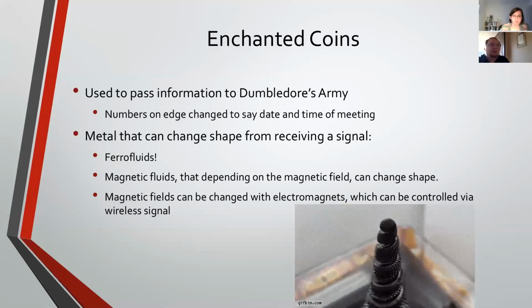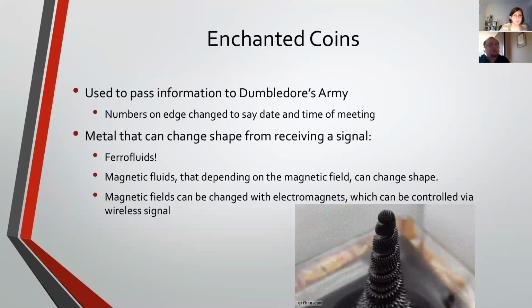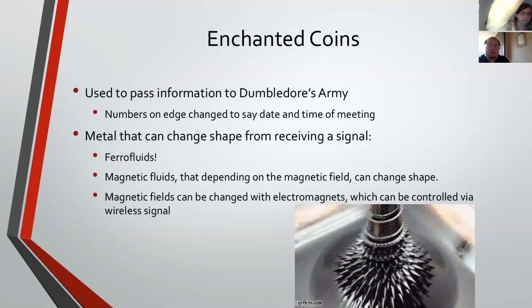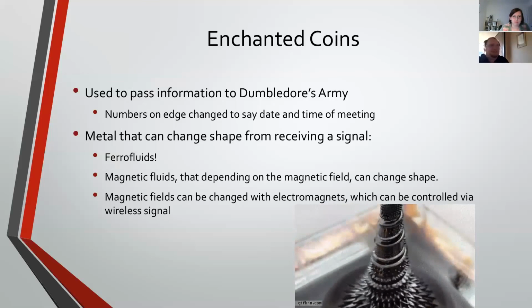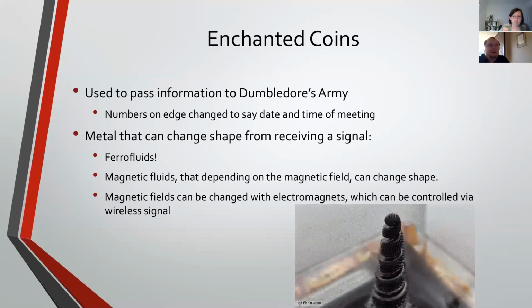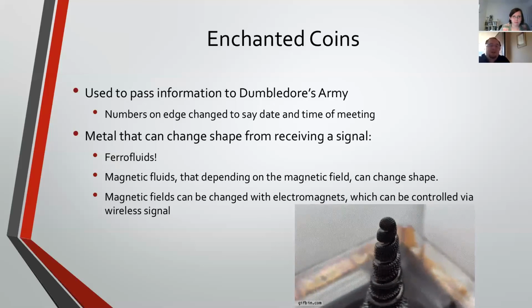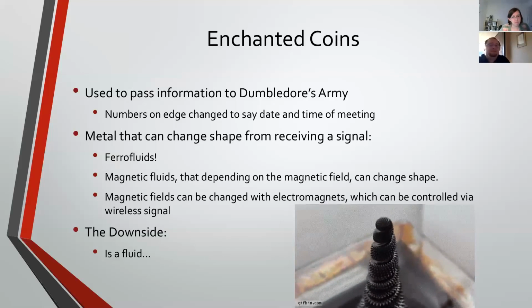So you can make the metal say whatever you want with ferrofluids. The problem is it's a fluid, so if you put the coin in your pocket, it will rub off. So you kind of have to put a case around it. But making the coins change what's written on the side is very possible.